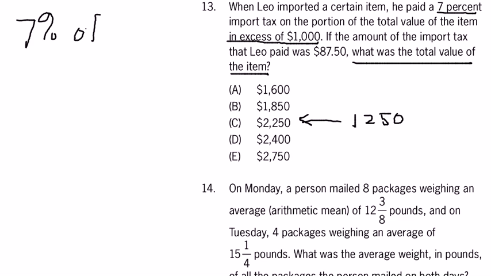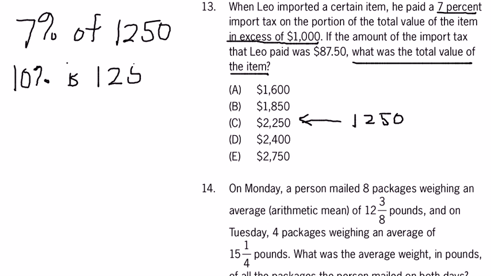7% of 1250. Well, 10% is 125, and 1% is 12.5.